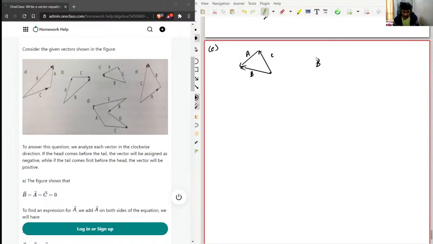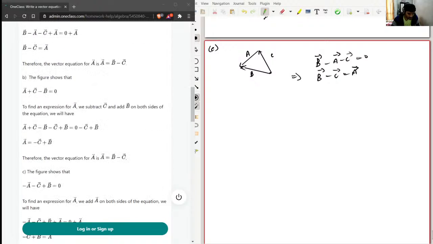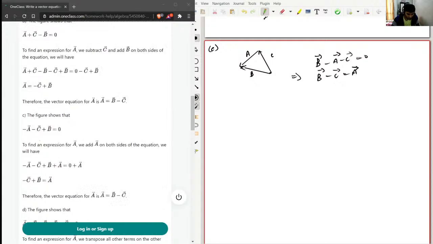So tail is coming first, B will be positive, head is coming first, A will be negative, and then again C will be negative. And for writing in terms of A, we'll just take A on the other side. This will become B vector minus C vector equal to A vector. Let's just check for C, A is minus C plus B, correct?